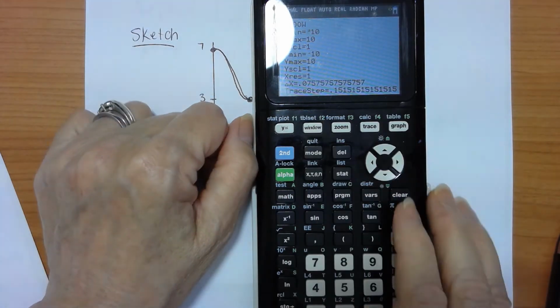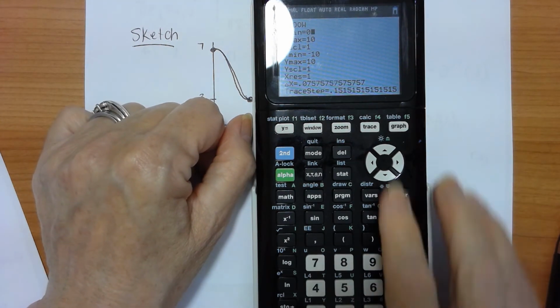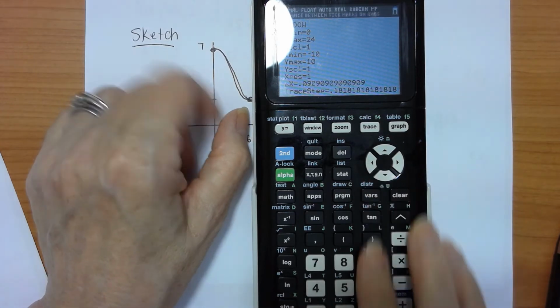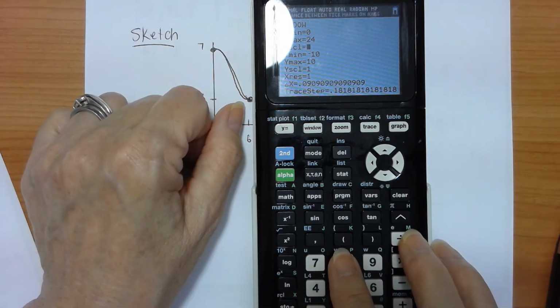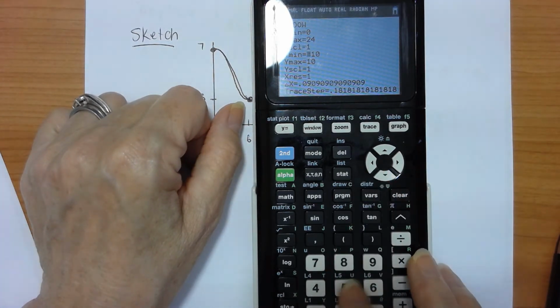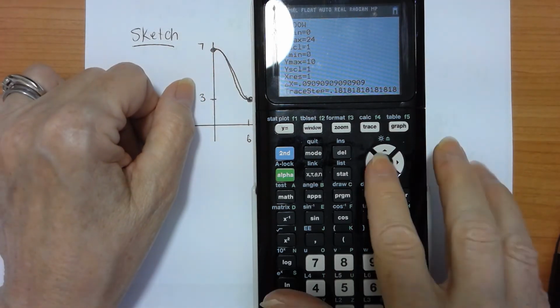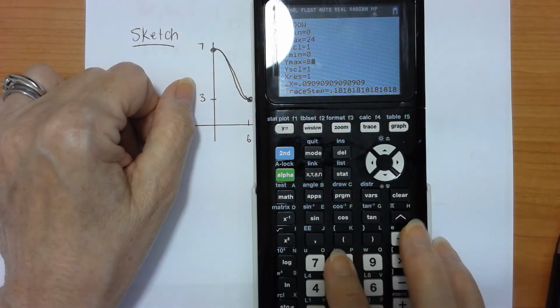And I would maybe go to my window and say, okay, I know I'm going from 0 to 24, and I know that I have to go all the way up to 7, so I'll put the minimum as 0, and I might go up to 8.